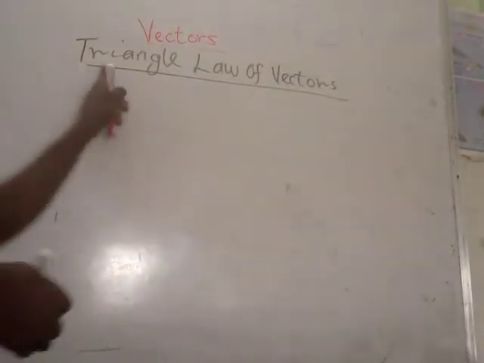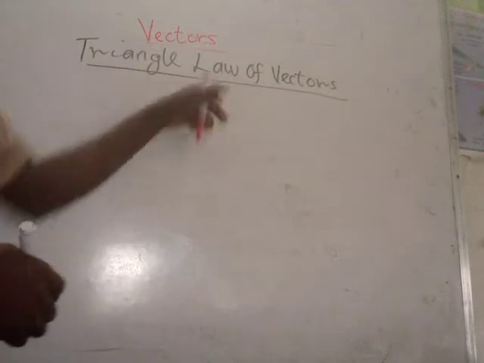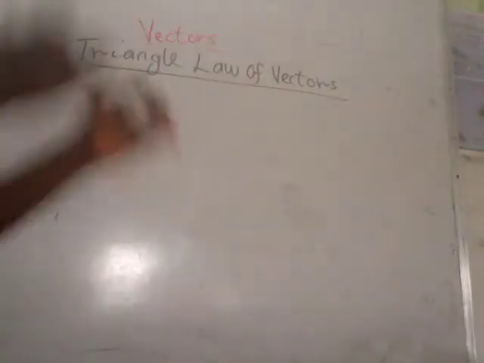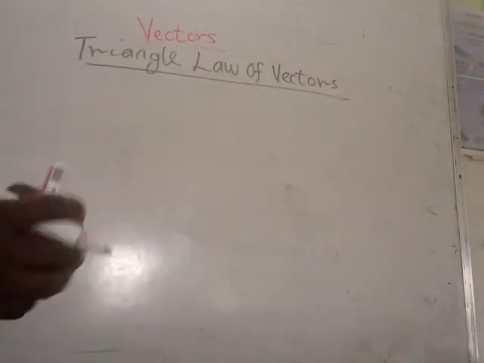Now, let's look at the triangle law of vectors. Now, we have demonstrated the sum of vectors. Now, the law which says that AC equals AB plus BC from our previous section is known as the triangle law of vectors addition.